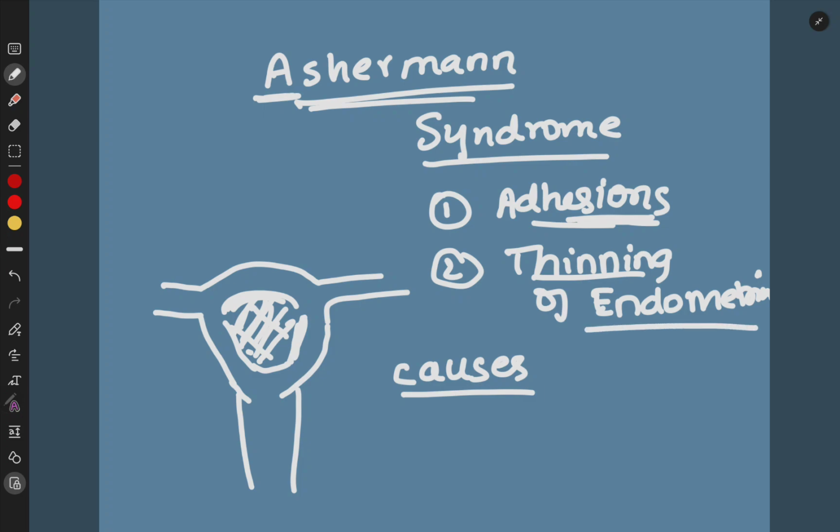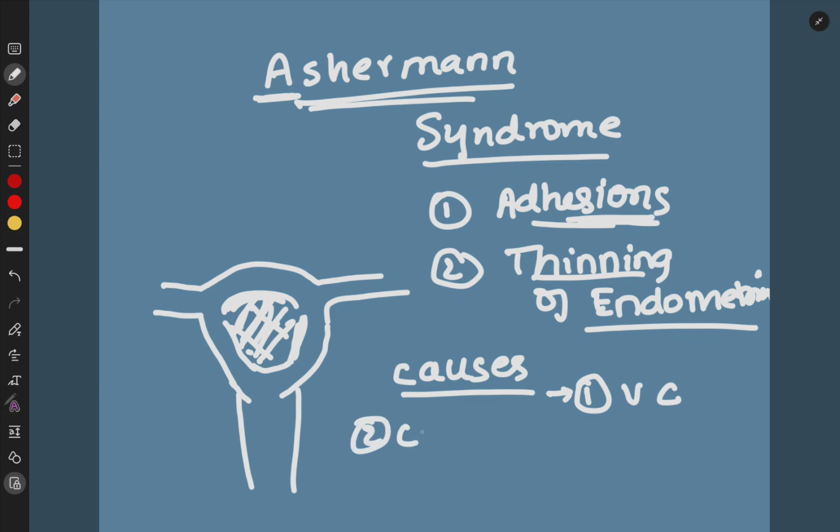The causes of Asherman syndrome are: one, vigorous curettage. Curettage is scraping of the endometrium lining inside the uterus that they do vigorously. So vigorous curettage is the first cause.